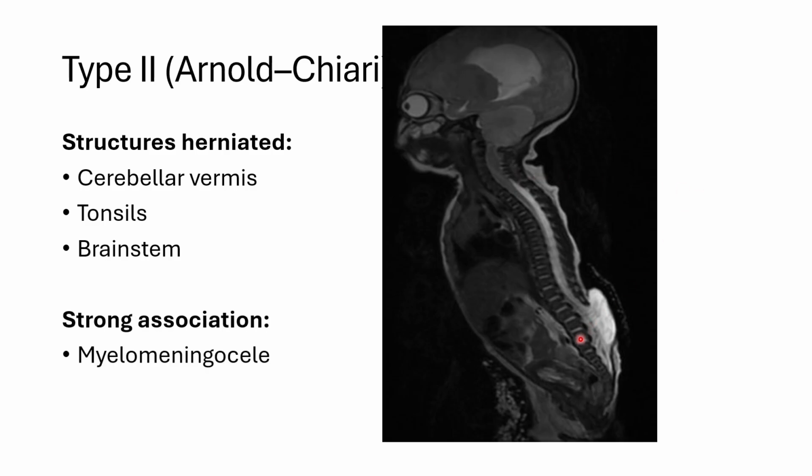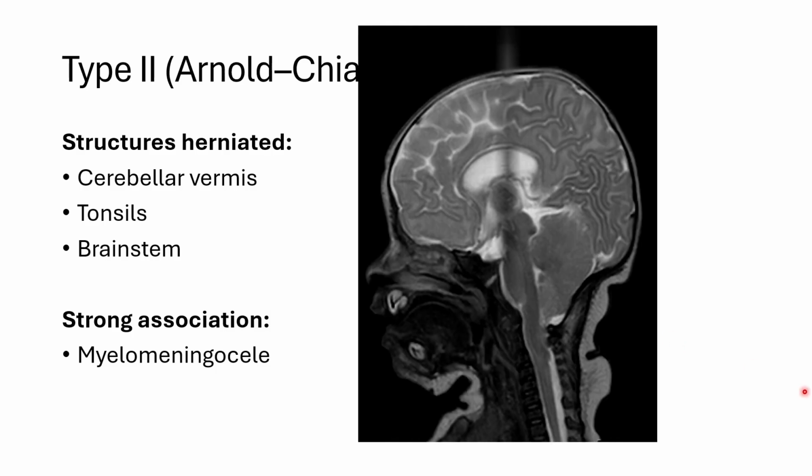It is associated with myelomeningocele, that is a defect in the spinal canal leading to herniation of meninges along with CSF and spinal cord tissue. This zoomed image shows a small posterior fossa, herniation of the cerebellar vermis along with the tonsil, and downward descent of the brainstem.